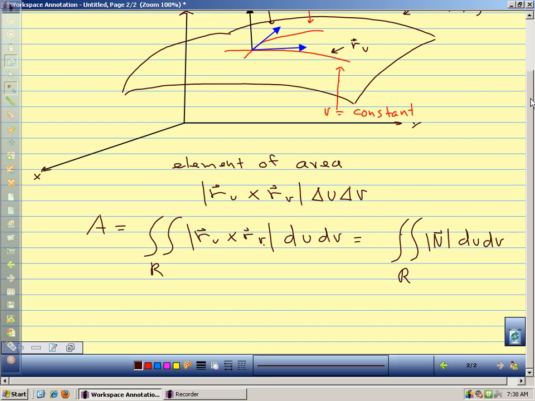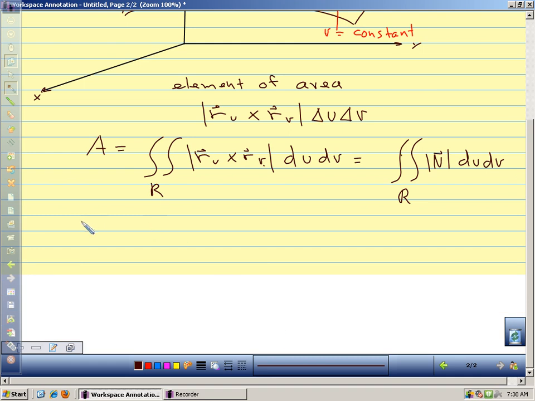And if our parametric surface is given by the explicit equation z equals f of x, y, then our parametric surface is just x i plus y j plus f of x, y k hat.